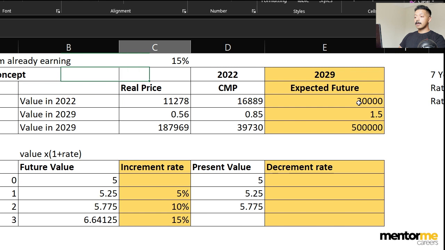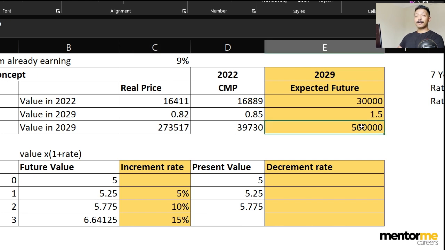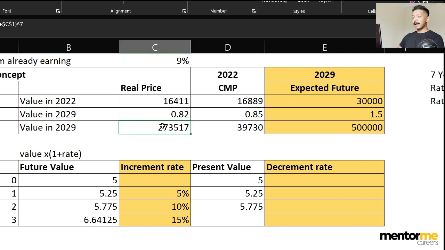If instead of 15%, I use, let's say, 9%, then you can clearly see that the real price is almost similar to the current market price in case of Nifty. The house is also pretty similar in terms of the real price and the current market price of 0.85, and in case of Bitcoin, it is still higher, because we are expecting a much higher price and hence the value today is higher.